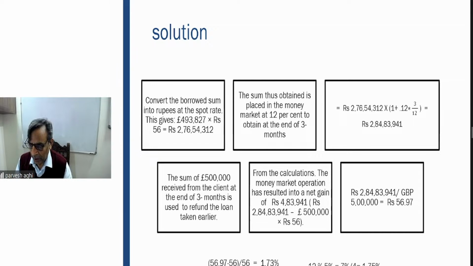And if you just calculate 12% minus 5%, which is 7%, divided by 4, because it is 3 months, it is 1.75. So you can check whether your answer is right or wrong. Basically you have no choice but to use the money market hedge, because no other information is given regarding the forward rates. Okay, fine.